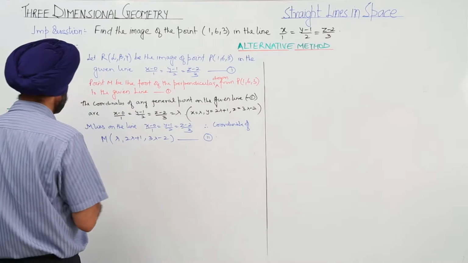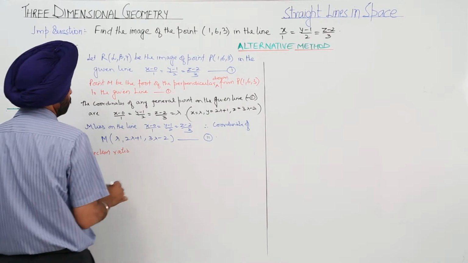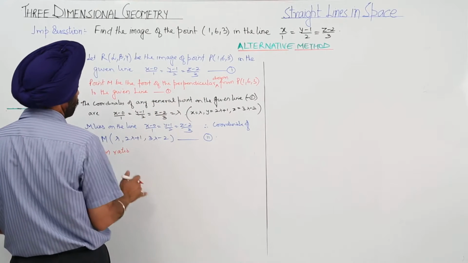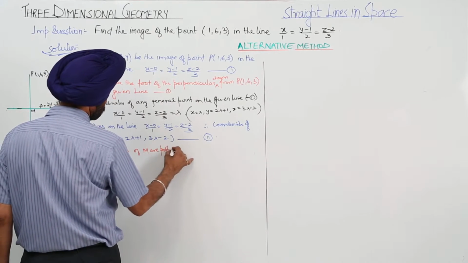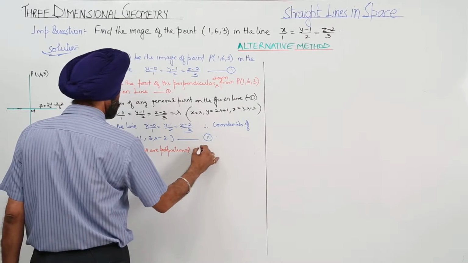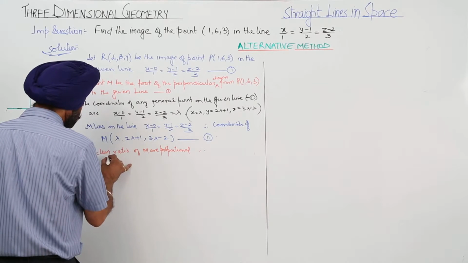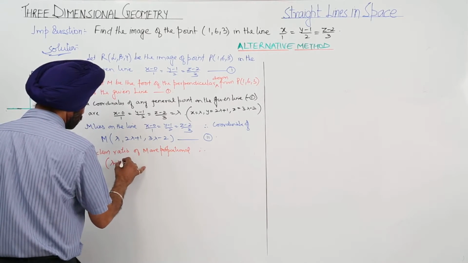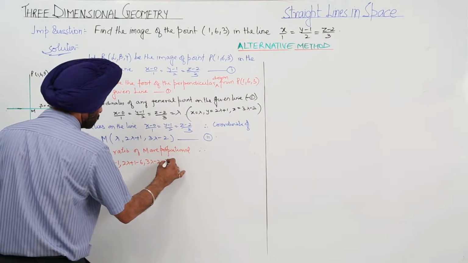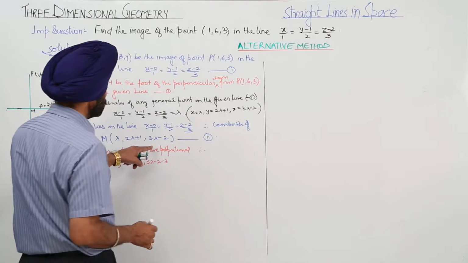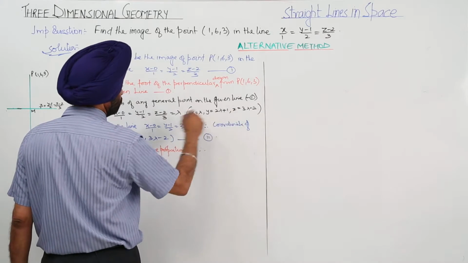Now, direction ratio of PM. So, this becomes lambda minus 1, 2 lambda plus 1 minus 6 and 3 lambda plus 2 minus 3, sorry, here it will be plus 2.